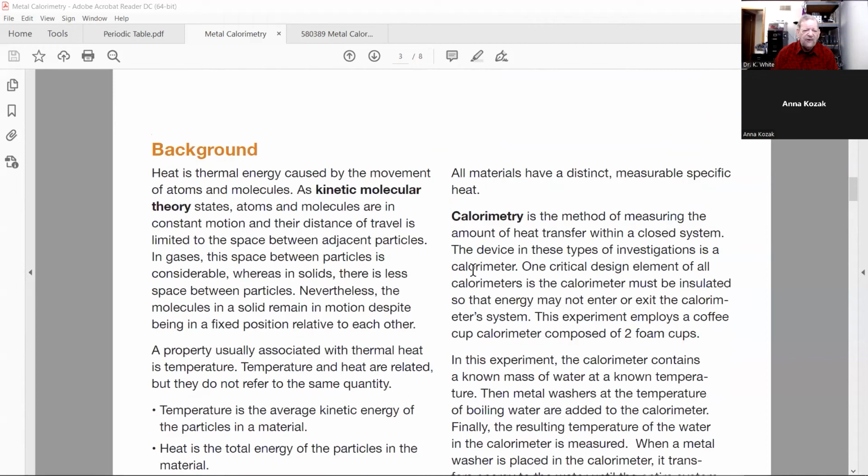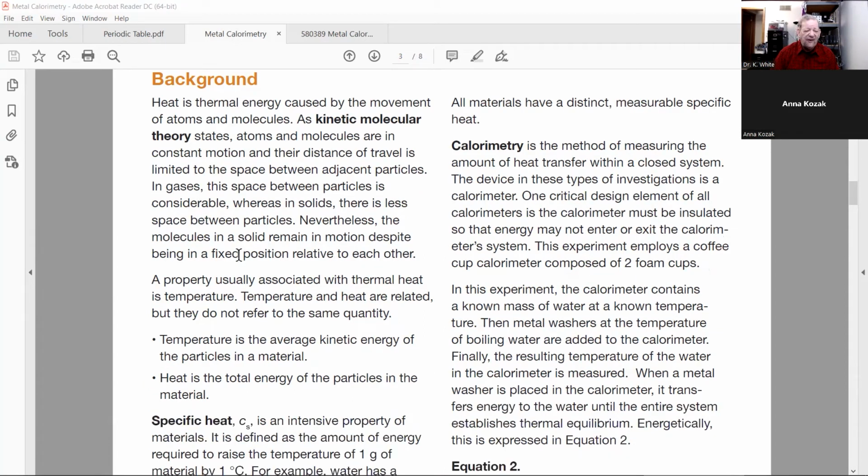And when we talk about heat, that's energy, thermal energy caused by atoms and molecules moving. Right now, atoms around you, in you, are moving, and molecules. If you've ever felt the wind on your face, you're being hit by molecules.